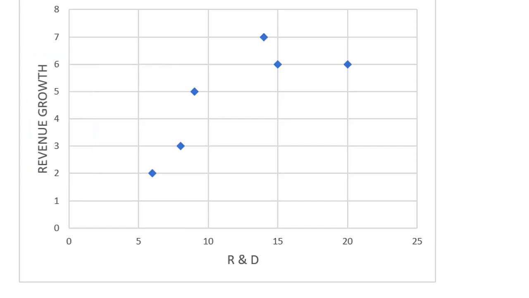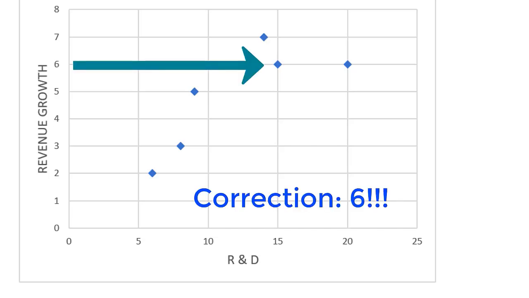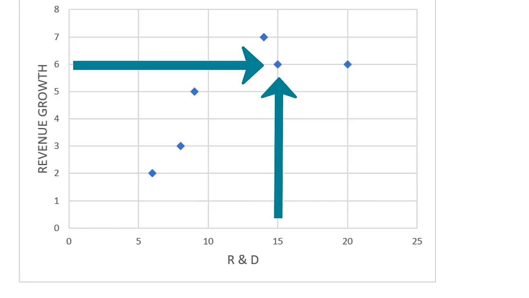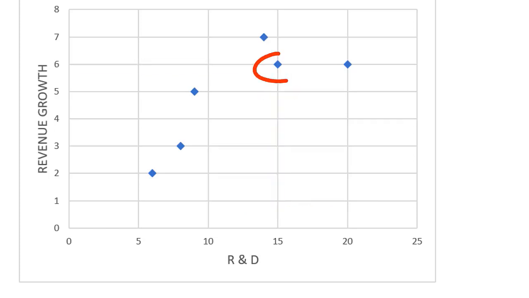Its value of y is plotted against its corresponding value of x. In the case of United Company, 2 as a revenue growth is plotted against 15 as research and development. Note that each observation in the scatter plot is represented as a point.